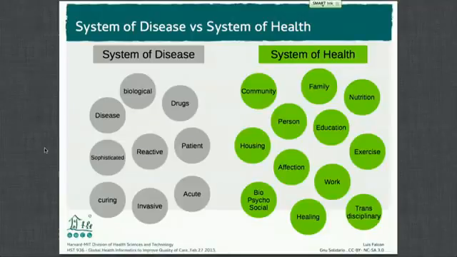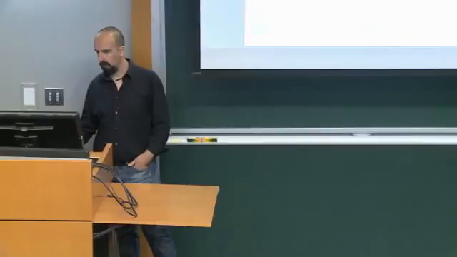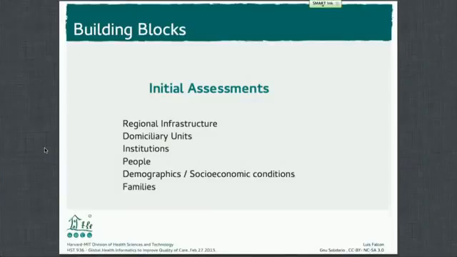But seldom do we deal with people and the socioeconomic condition. Seldom do people ask, hey, how is your work? How are you doing with your family? What is the level of affection that you have with your mates, with your colleagues, with your parents? And that's what GNUHealth tries to do. So the initial assessment is like before going into the places, we need to know which people are living there.